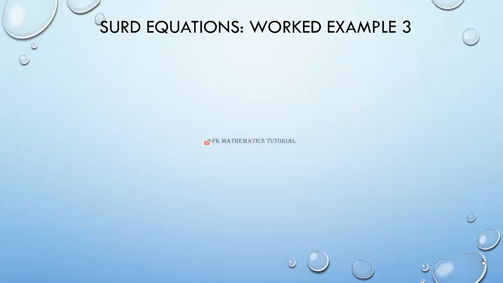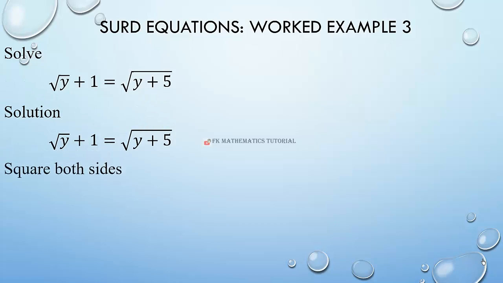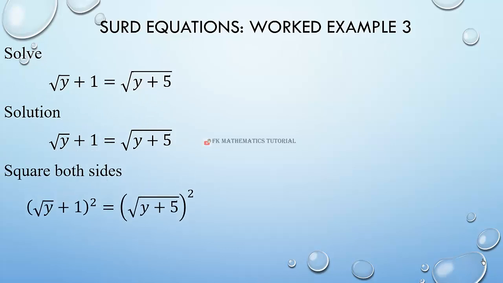Let's take another example. This time we are solving this equation. We have two square root signs, square root of y and square root of y plus 5. So we can begin by squaring both sides of the equation again.